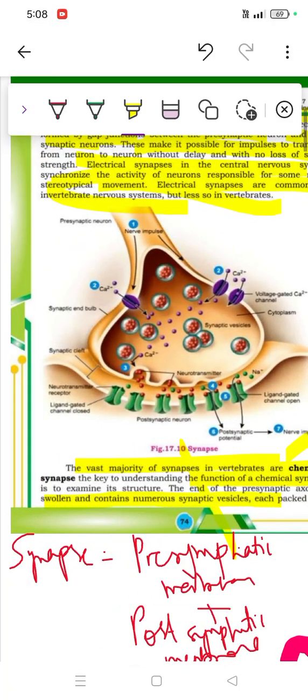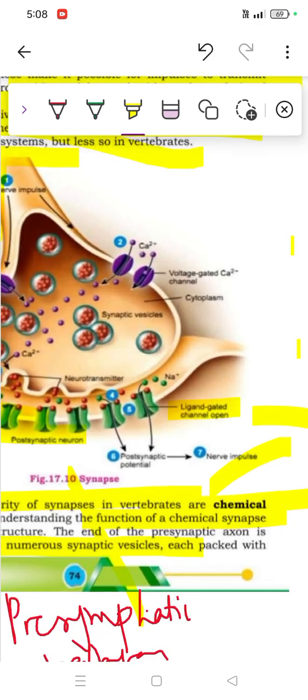Here comes the diagram. We have the presynaptic membrane, the synaptic bulb-like structure, the synaptic cleft, and the postsynaptic membrane. We have gated channels, which we discussed. The one used here is called a voltage-gated channel, which will only open when a voltage change is provided.